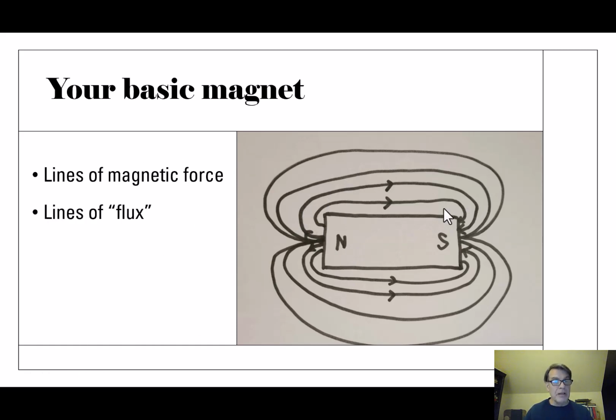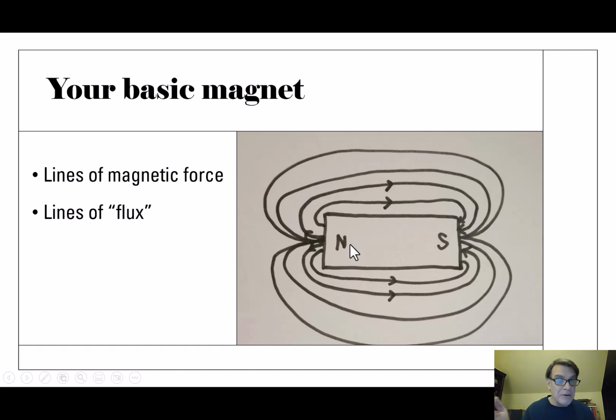We might call them lines of flux. Flux is the Latin for flow. So you might say that magnetism is flowing out of the North Pole. These are the poles, the North Pole, the South Pole. Magnetic force flows out of the North Pole and into the South Pole. Inside the magnet, it goes from south to north.